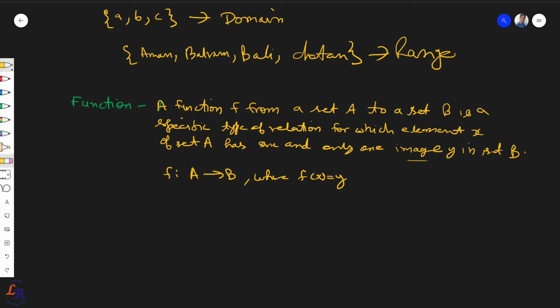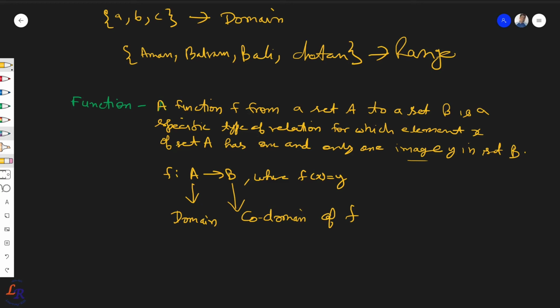Here A would be the domain, the set of first elements, and B would be the codomain of function f. And what would be the range? The range of a function is the set of images. So the set of all the images would be called the range, as we just saw above.